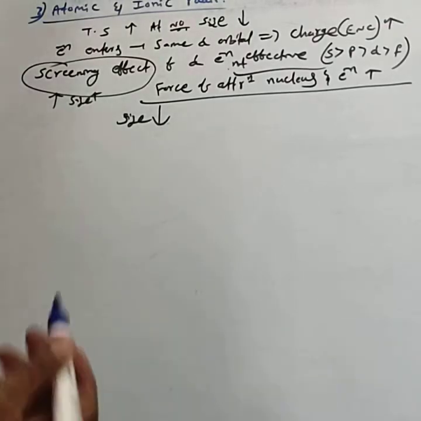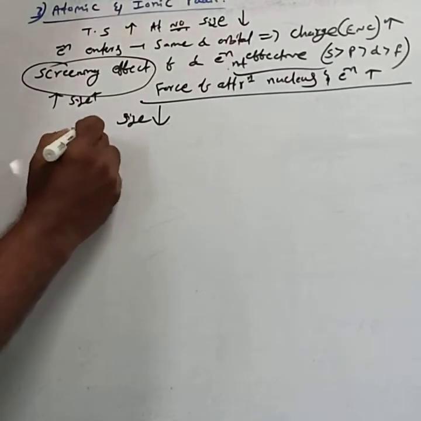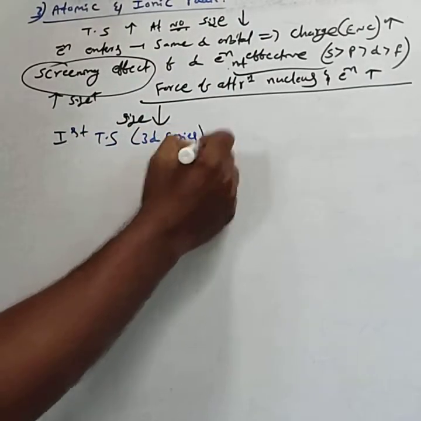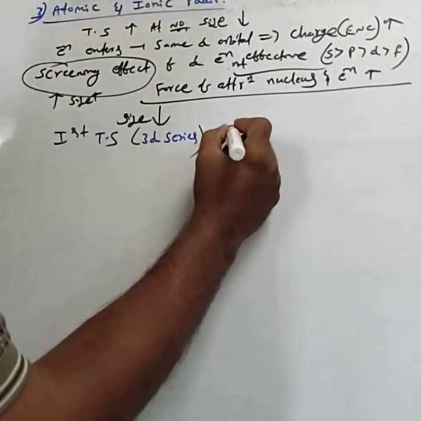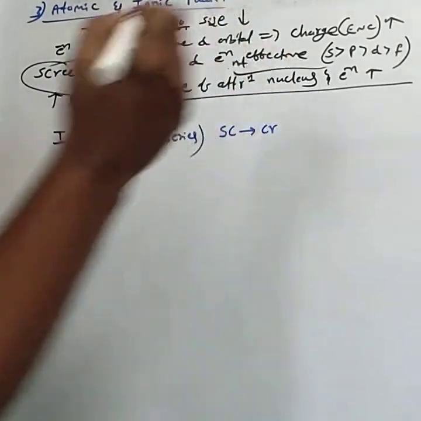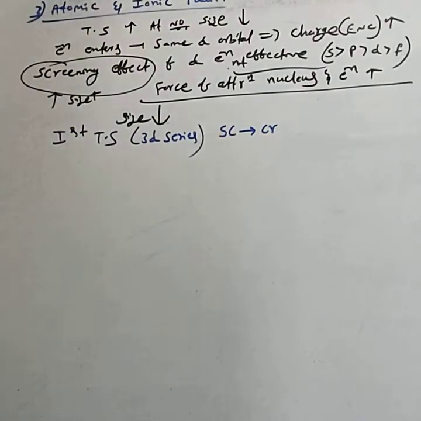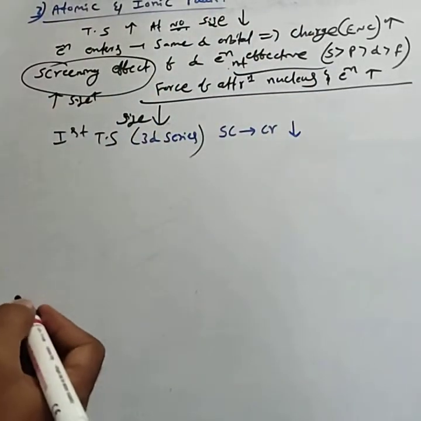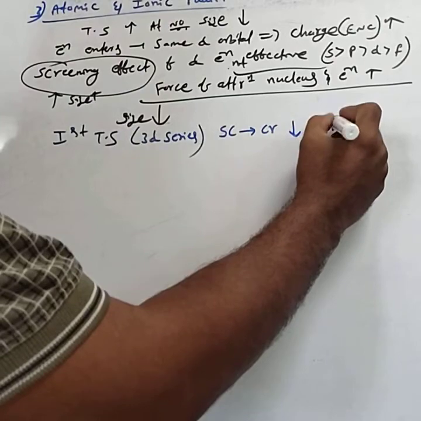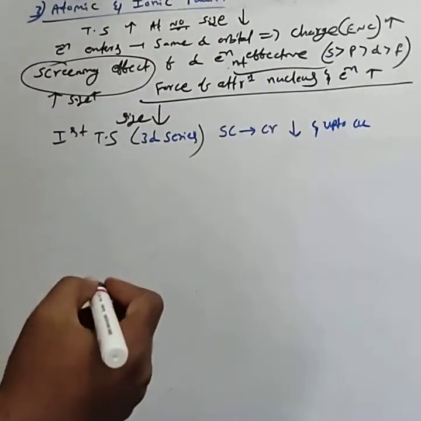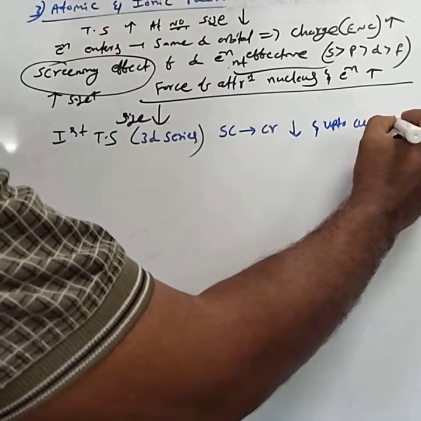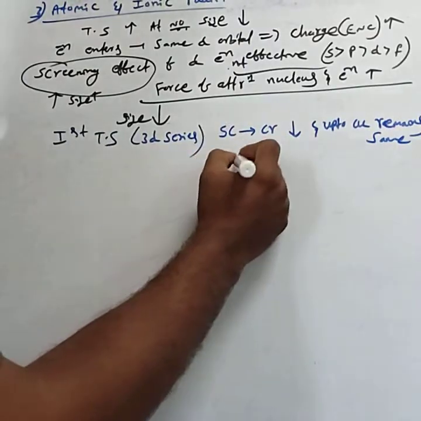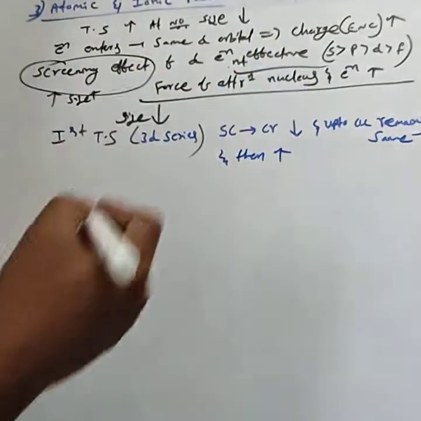Then in the first transition series, commonly called the 3d series, from scandium to chromium atomic radius decreases, and up to copper it remains the same, and then it increases.